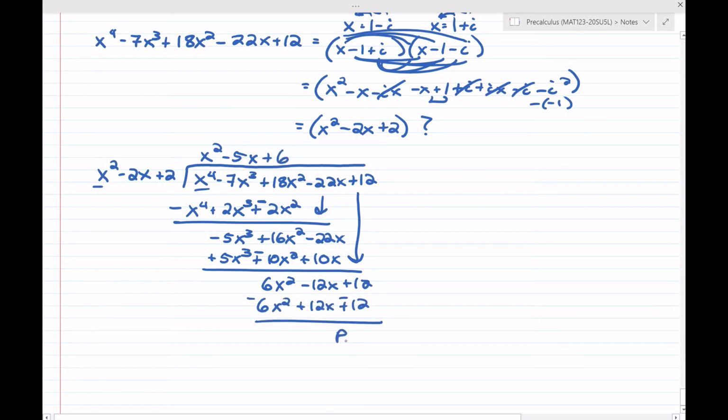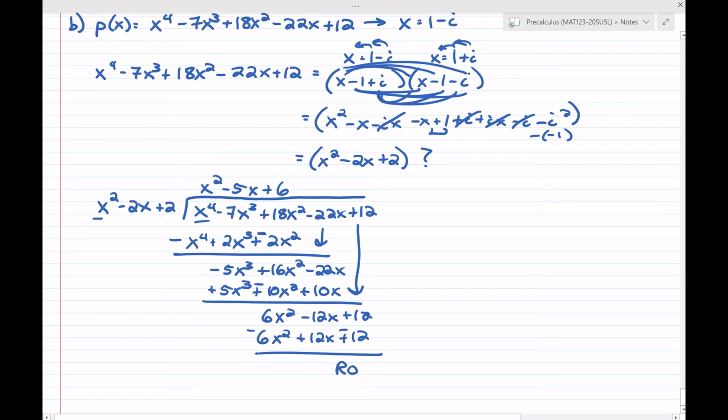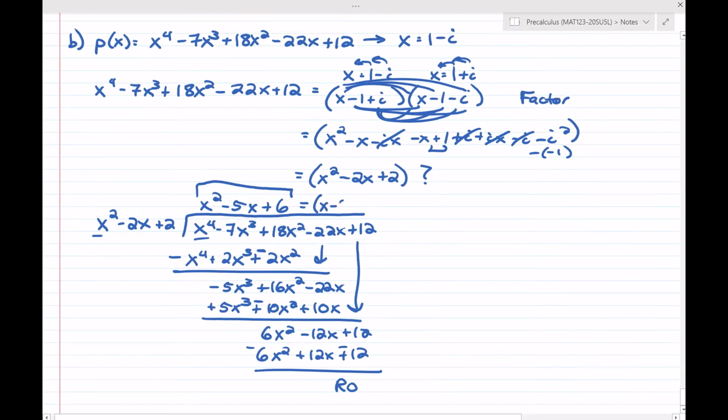So as far as what our factors are, I have them right here. These are the 2 factors that we know to be x minus 2 times x minus 3. So if we're going to list all of the factors, we have x minus 2 and x minus 3, which give us the roots. If we make those equal to 0, we get x is 2 and x is 3.